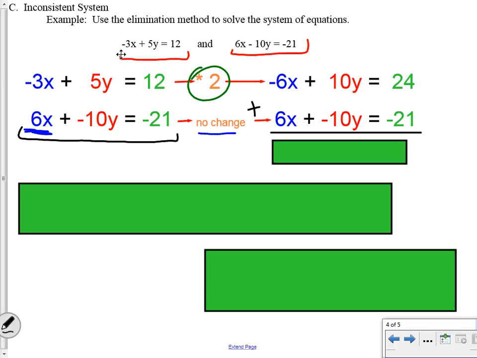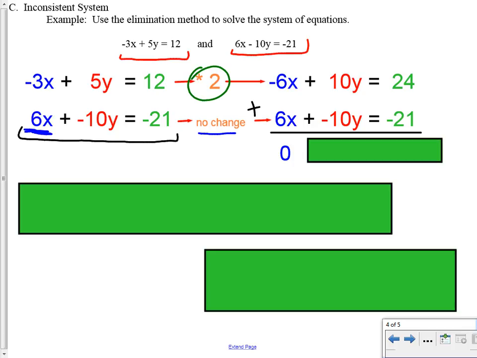Again, it just becomes an addition problem. The top equation added on to the bottom. Negative 6x plus 6x becomes 0, or 0x. Positive 10y plus negative 10y becomes 0. Those cancel each other out. And positive 24 plus negative 21 becomes 3.